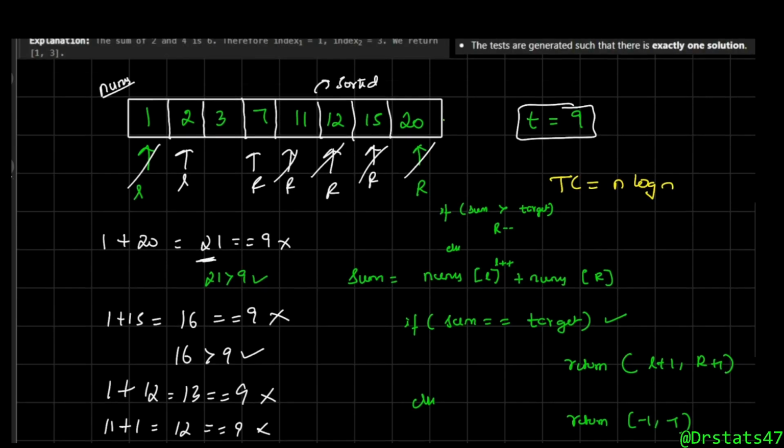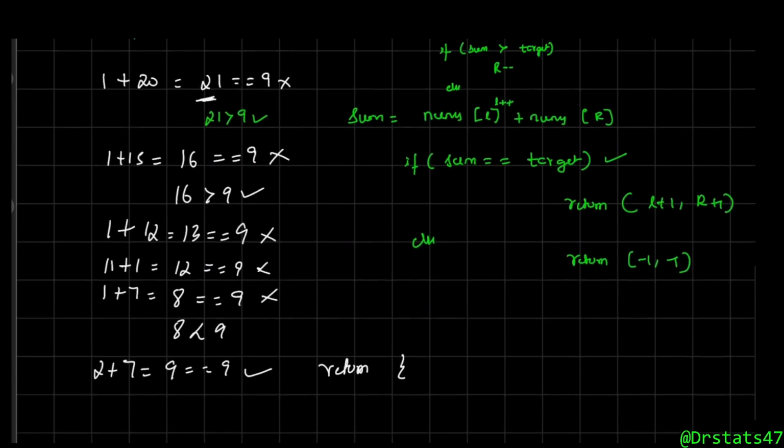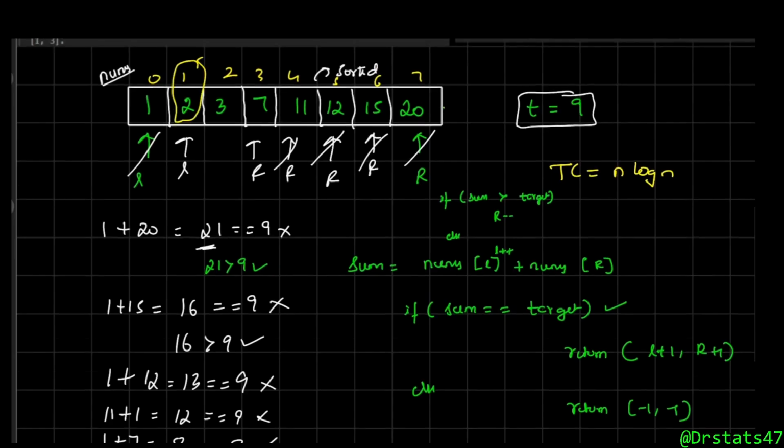Suppose the indices are like 0 1 2 3 4 5 6 7. So what is the index of 2? That is 1, and 7 is 3.